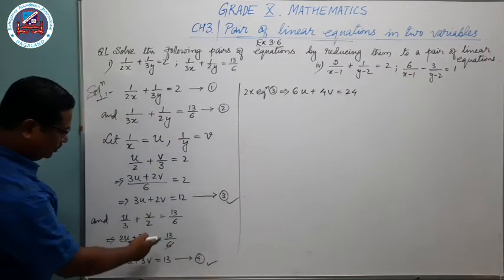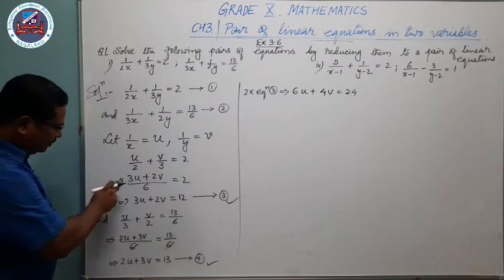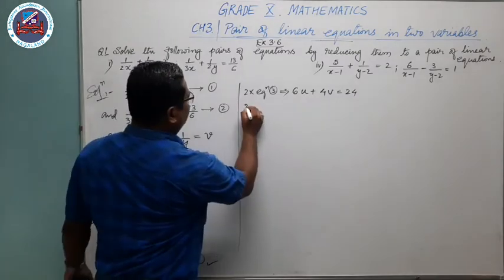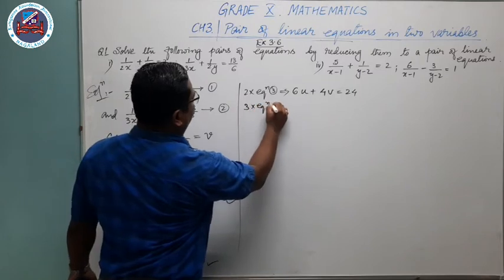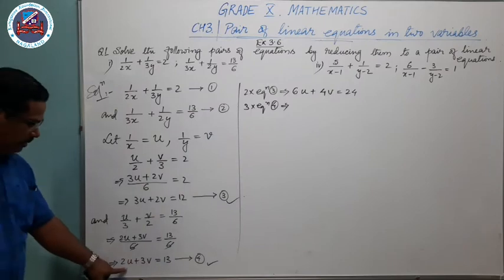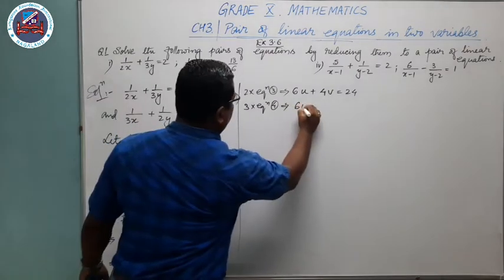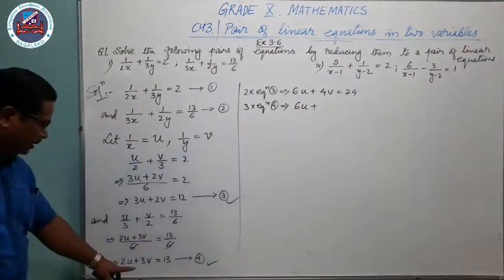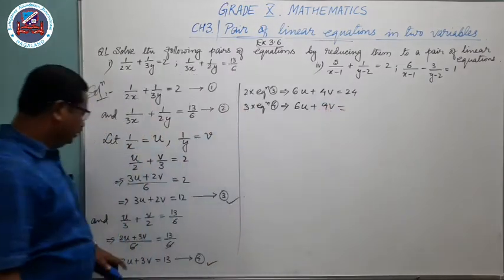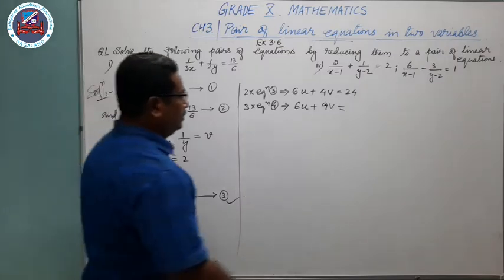Then with 3 we will multiply equation 4. If you multiply with 3, 2s are 6u plus 3 3s are 9v is equal to 13 3s are 39.